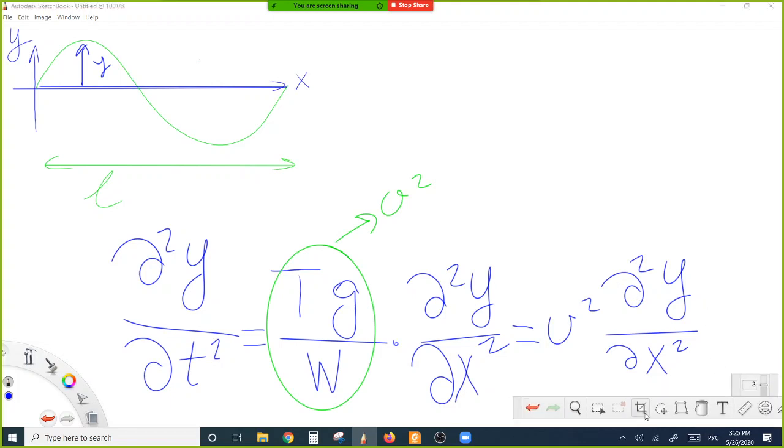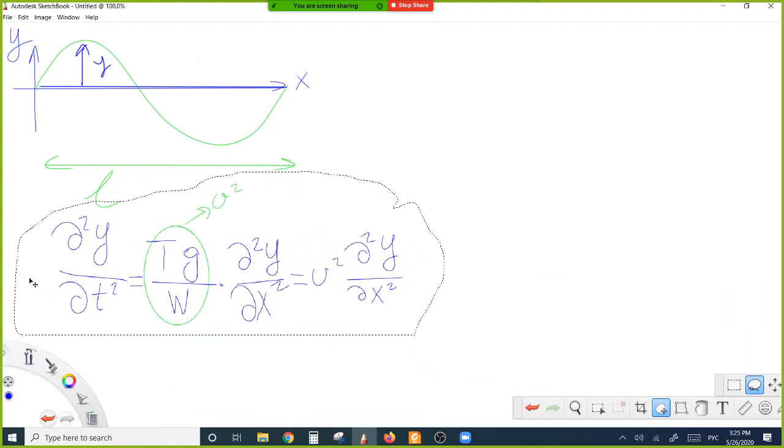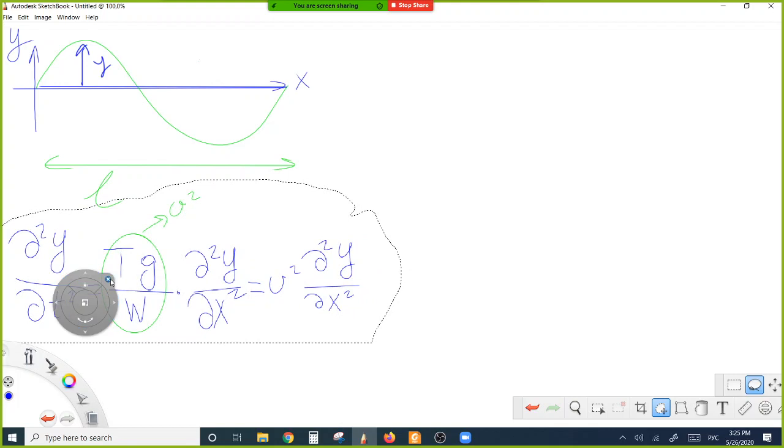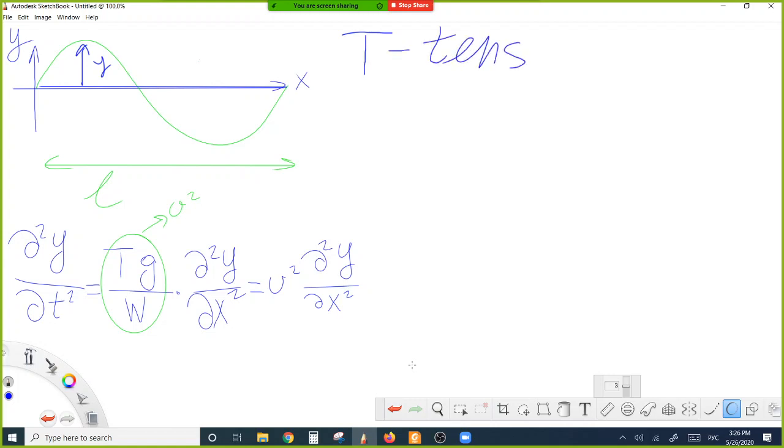This equation describes the motion of a string, and here T is the tension of the string. G is gravity acceleration.